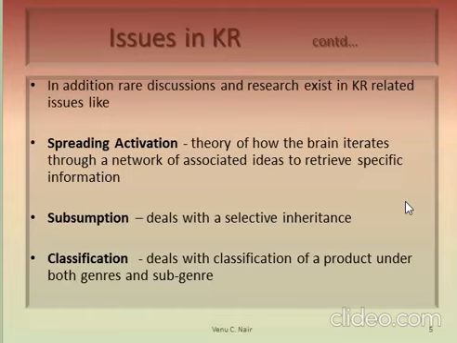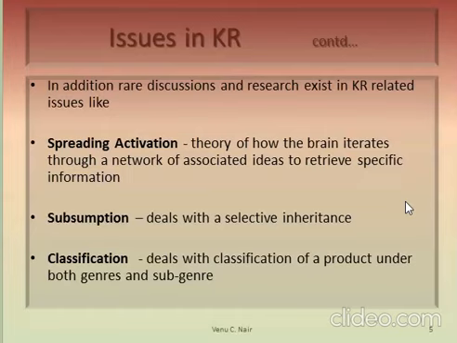Some of the objects will be closely related, whereas other objects will be loosely related. When the relations are very close, we can say that we are close to the information or concept. That is known as spreading activation. Again, it depends on the person who is using his or her brain. There may be variations from person to person.